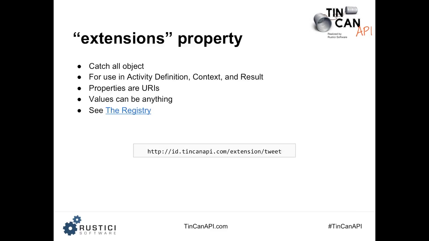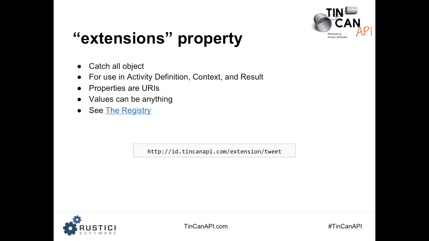The extensions object. I've mentioned this existing in a couple of places: activity definition, context, and result. The extensions property, when used in one of those objects, is a catch-all object. Its properties themselves are URIs. So in all of the cases so far that we've seen, the specification actually indicates what a particular property must be.